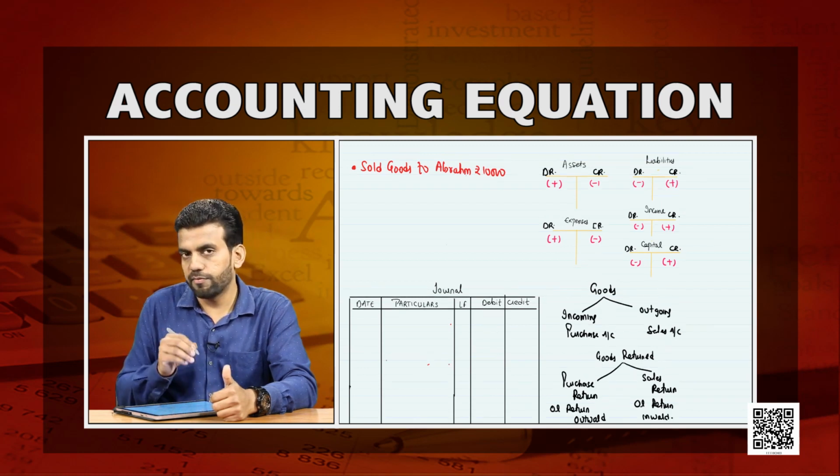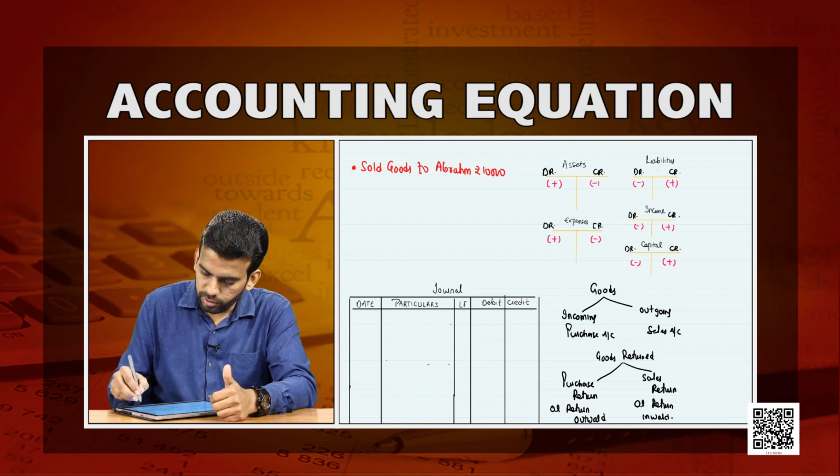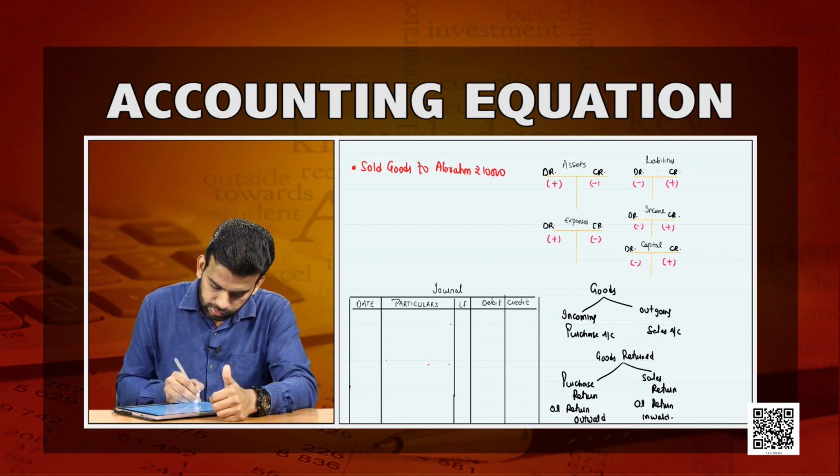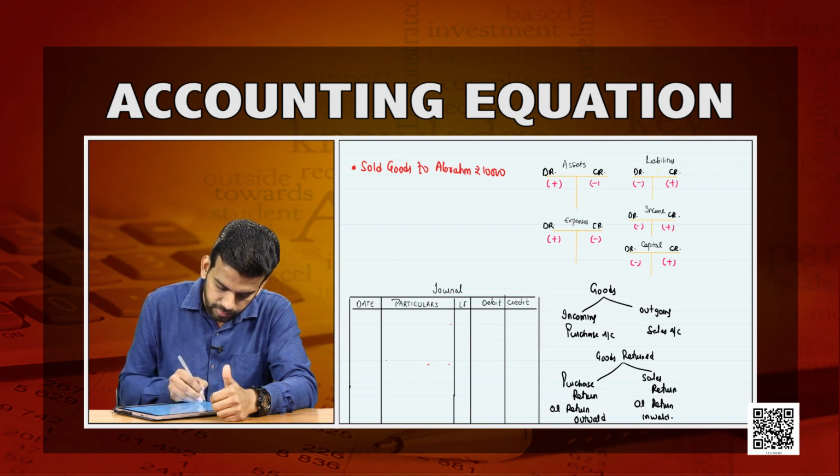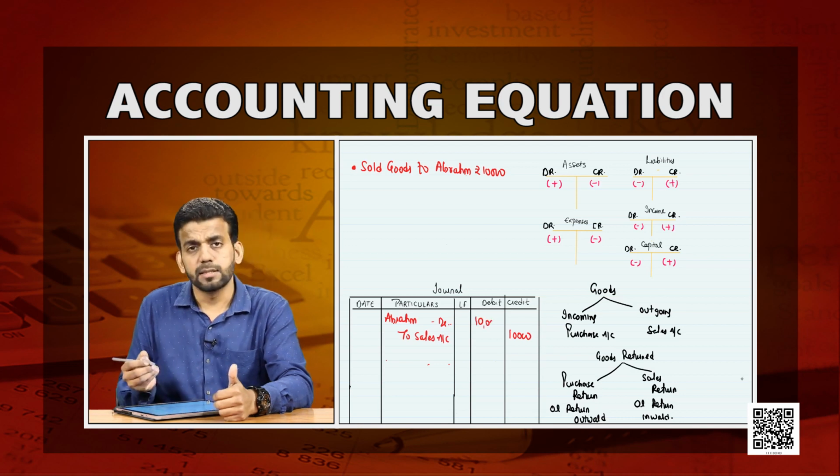If you remember, whenever we find sold goods, the sure thing is to sales and Abraham is debited. Why Abraham is debited? Because the party's name is mentioned, and when the name is mentioned, that means the entry is on credit. Abraham didn't pay to me, Abraham is my debtor, debtor is an asset, asset increases from debit side. Is it clear?